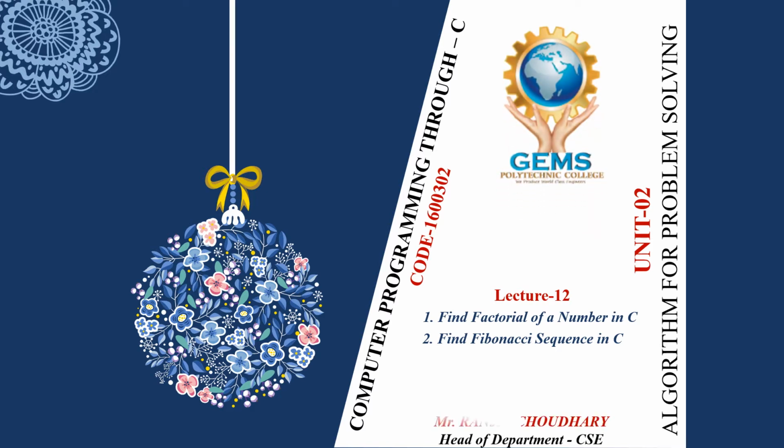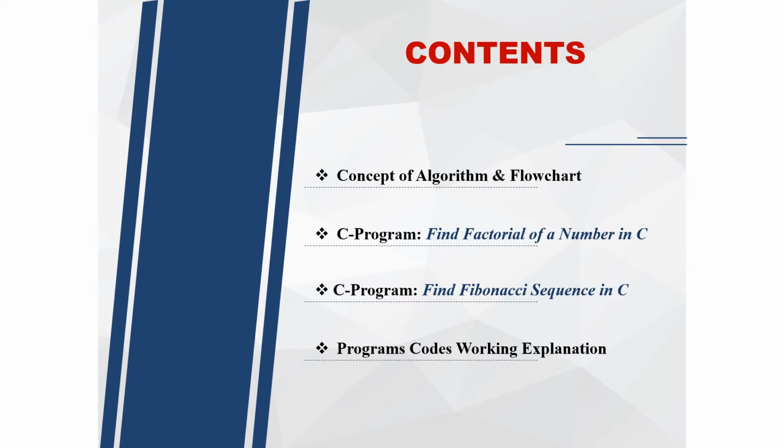Next we will see the content of our video lecture. In contents we have 4 points. The first point, we are going to use the concept of algorithm and flowchart while doing the program of finding the factorial of a number or finding the Fibonacci sequence of a number in C language.